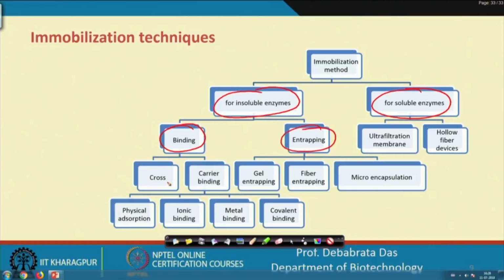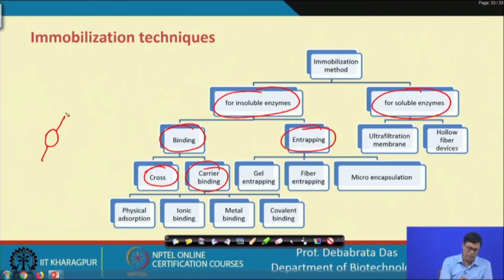Binding has different types: cross-linking and carrier binding. Cross-linking means we use some kind of chemical which has two functional groups, two sides, so that it can hold one enzyme on one side and another enzyme on the other side, so that it will be cross-linked like this.